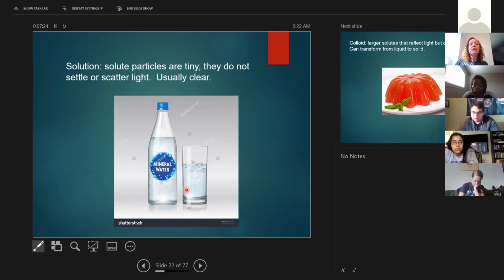But with our solutions, the particles are so tiny that we don't really see them. They don't scatter light, and it's going to be clear. So if I look at this mineral water, I'm not going to see big chunks of minerals floating around in it. The particles are small enough that they don't settle out and they don't scatter light. They don't make it look cloudy. That's a solution.